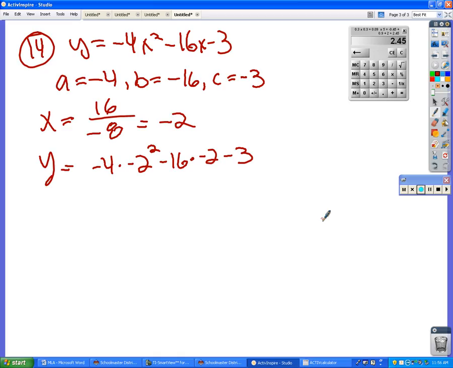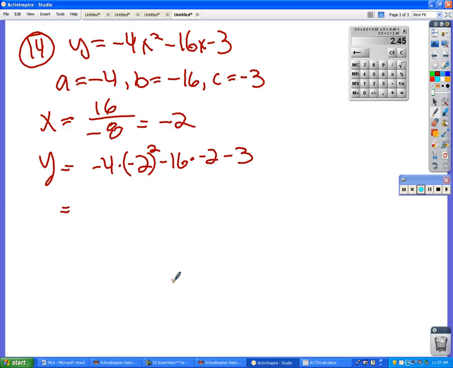When you're squaring a negative number on your calculator, you need to put it in parentheses, because you have to tell the calculator that you want it to square the negative sign and the number, not just the number, and then make the answer negative. So you have to be careful with that anytime you have a negative number.